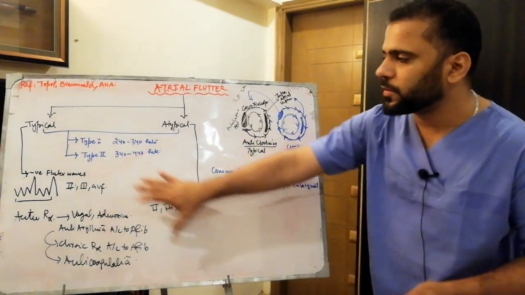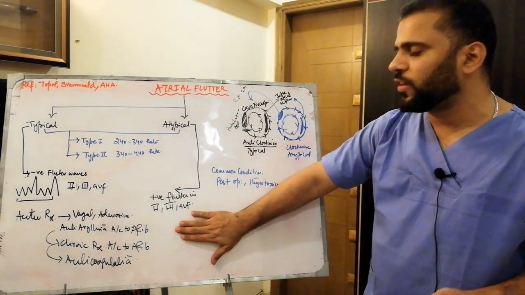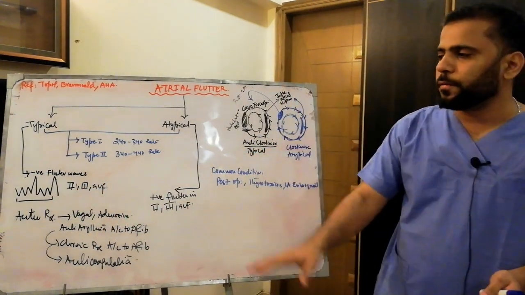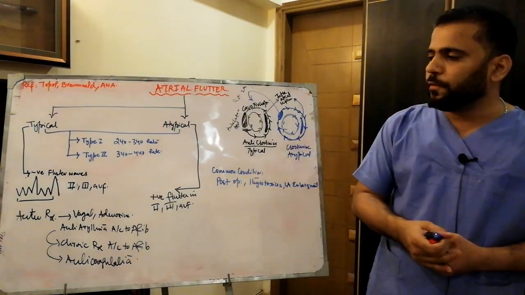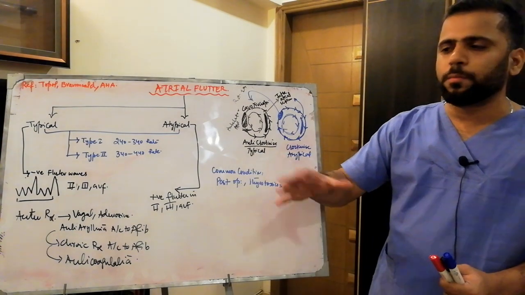And as we have discussed about the flutter waves, in atypical you will get positive flutter waves in 2, 3, aVF, and in typical you will get negative flutter waves in 2, 3, aVF. The acute treatment remains the same: vagal maneuvers, adenosine, beta blockers.